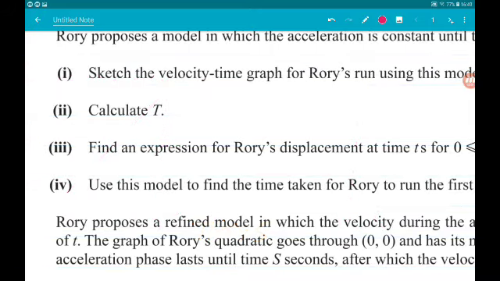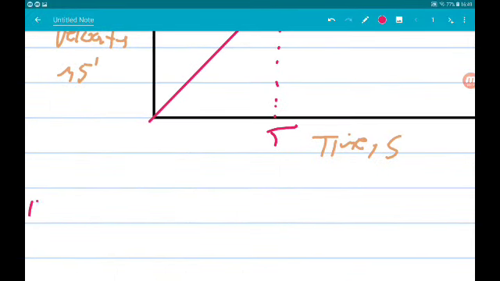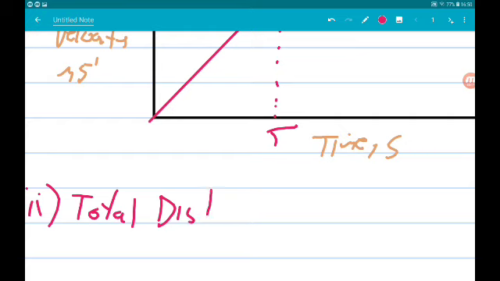Okay, then part 2 wants us to calculate t. So we know the total distance he ran. So total distance is 45 meters.